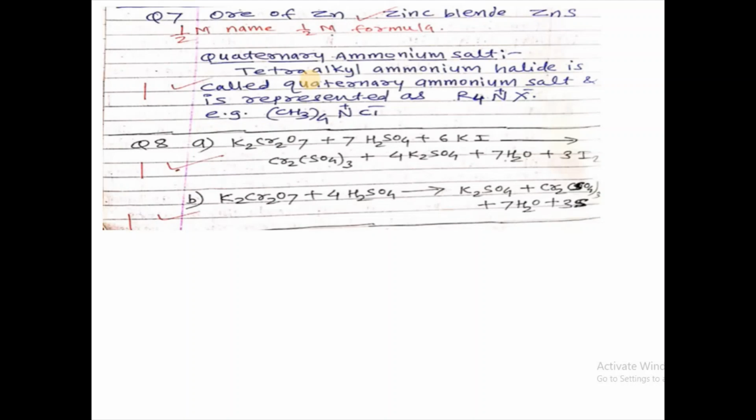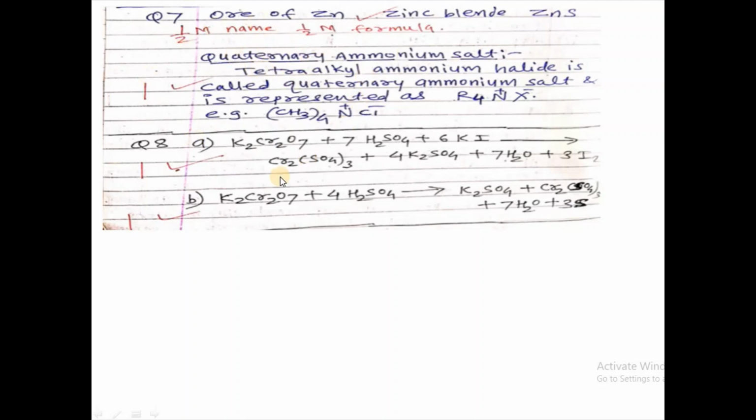Quaternary ammonium salt is a tetraalkyl ammonium halide, and it is represented as R4N+ X-. An example is tetramethyl ammonium chloride. You have to write only the definition. 1 mark for the definition, half mark for the name of the ore, and half mark to the formula of the ore. It carries 2 marks.